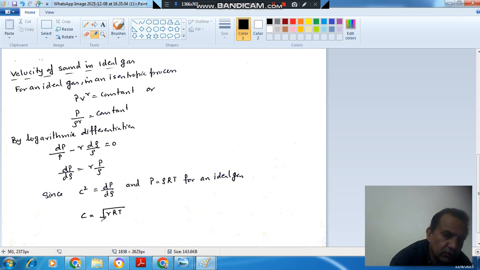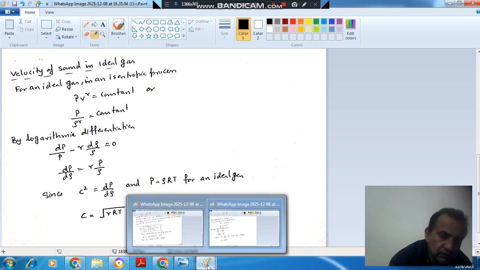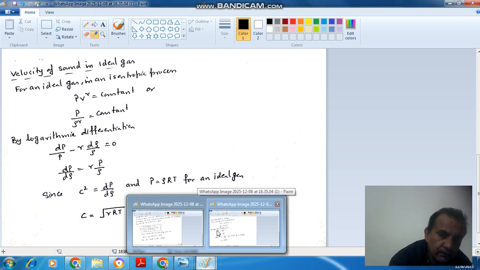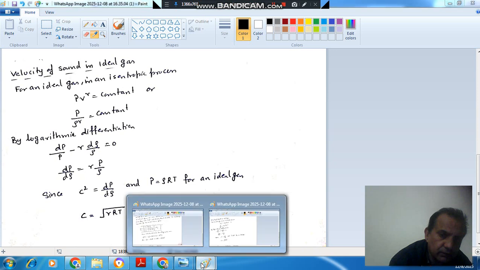So C square will be gamma RT, because dp by d rho is C square, so C will be root gamma RT. So this is the expression for sonic velocity, or velocity of sound, or velocity of pressure wave in any medium, or in an ideal gas.